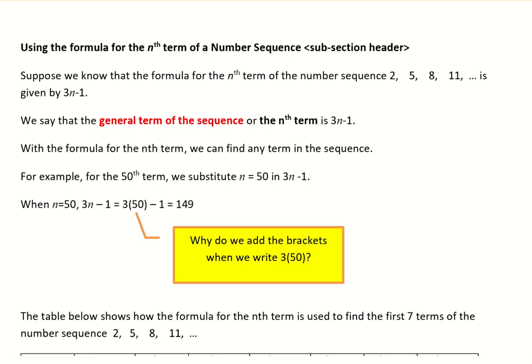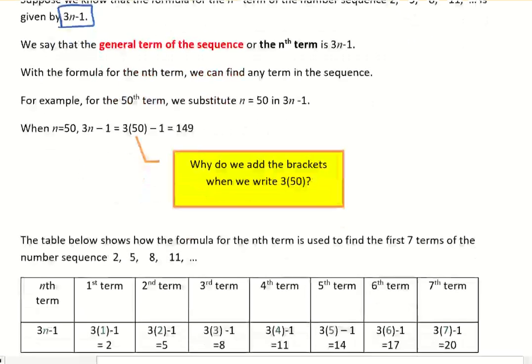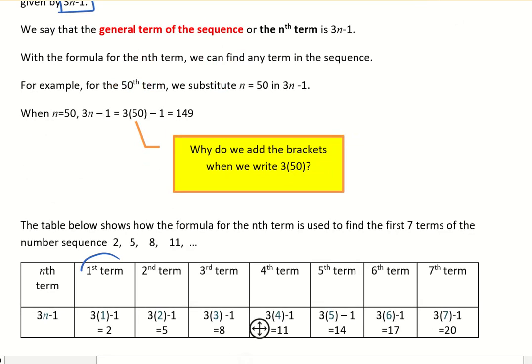Suppose we know that for the nth term, nth refers to the number. For example, first term, second term, third term. We do not know exactly which term they want, so we call it the nth term. It has such a formula. Okay, so the nth term is equal to 3n minus 1. With this formula, we can find any term. For example, let's look at the first term.